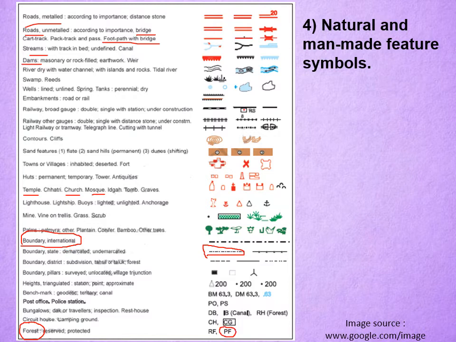For protected forest, they use PF. For reserve forest, they use RF. So whenever in your map you see RF written in capital letters, that means that is a forest area which is reserved. So these colors and symbols are used in a contour map to depict all kinds of features present in your studied area.